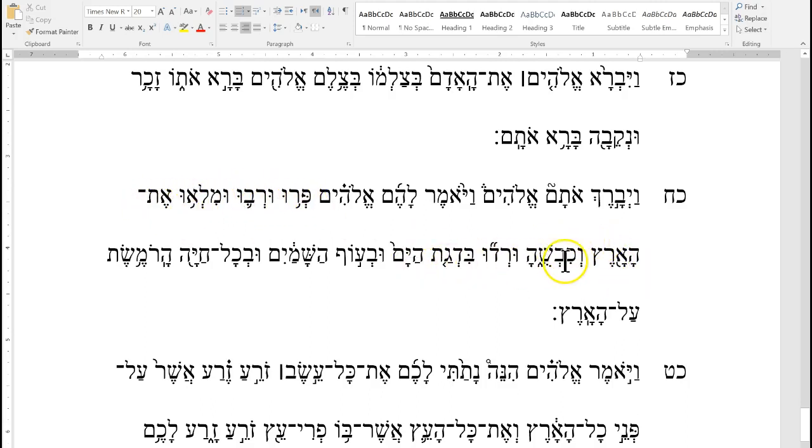But then he adds these two, vechivshuha and kabashuha, rule over it. Urdu and radah, over the fish of the sea, and over the birds of the heavens, and over all the beasts creeping upon the earth.